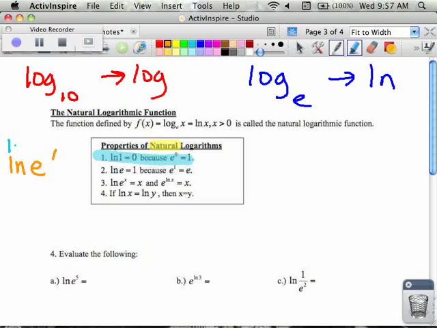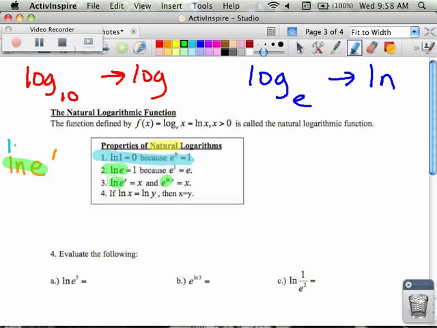And then I know that logs and exponentials are inverses, so the answer is 1, because they cancel each other out. Okay, inverses. So these are explaining why it works out.